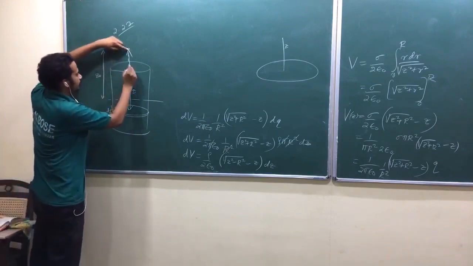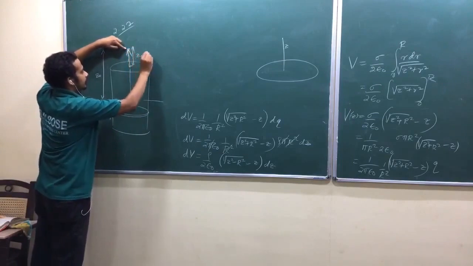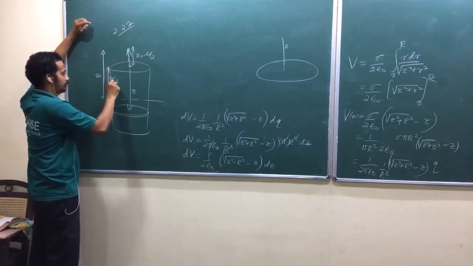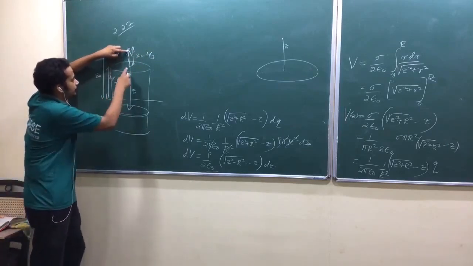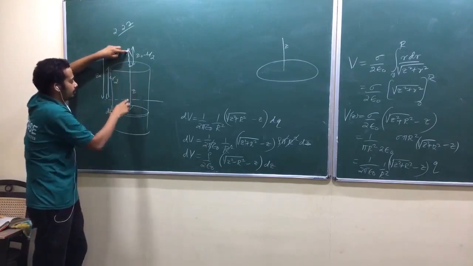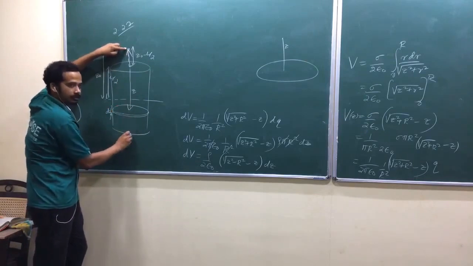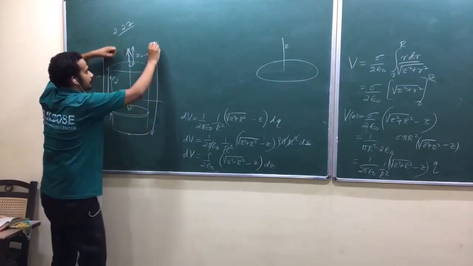This Z should run from Z naught minus L by 2, because the total is L, so this is L by 2 and the other one is L by 2. Again, this Z should run from Z naught minus L by 2 to Z naught plus L by 2.